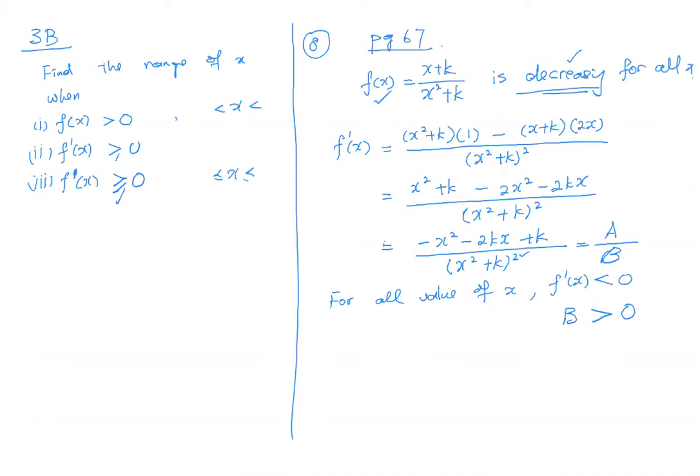So for f prime x to be less than 0, negative x squared minus 2kx plus k must be less than 0.